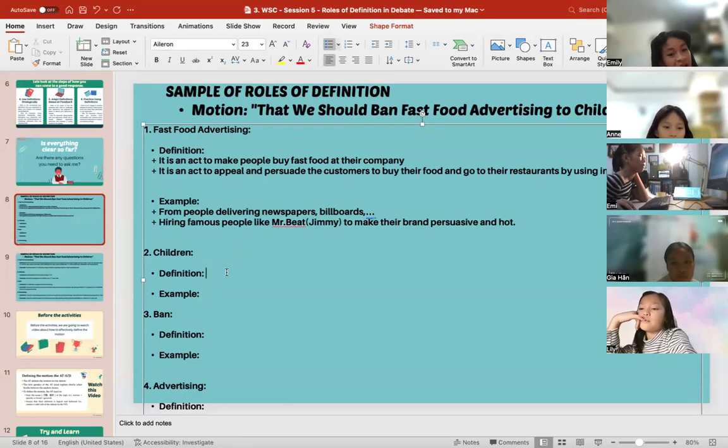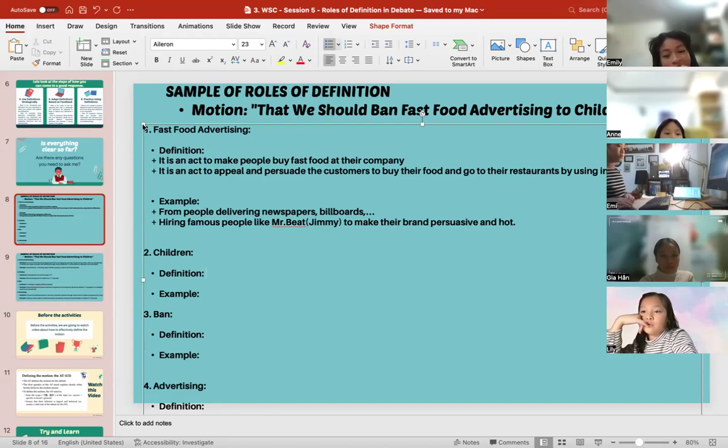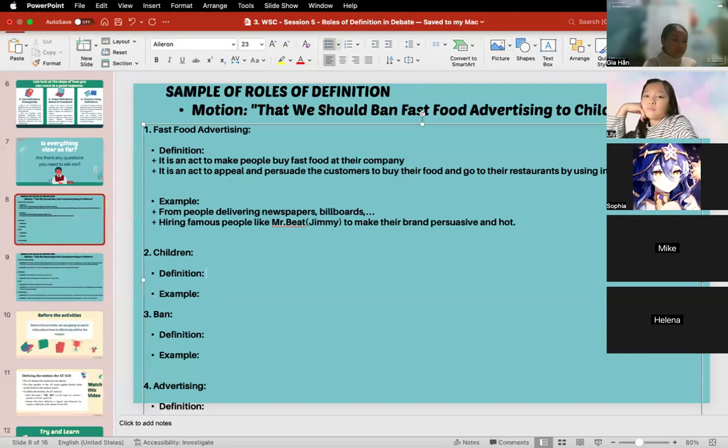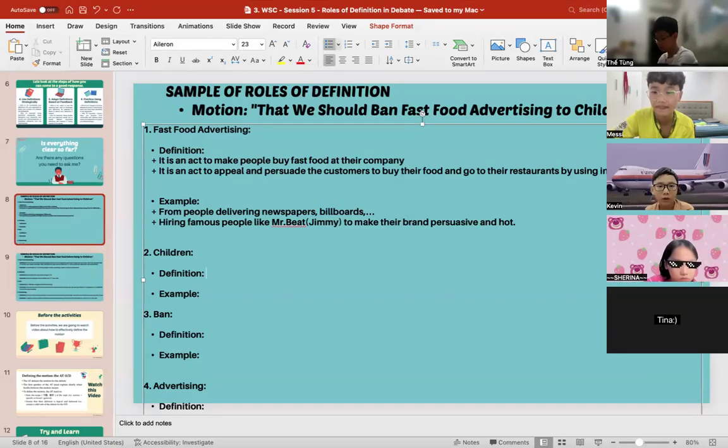I think that definition was really good, but it is more of an explanation of what children are capable of and what they are incapable of, because you are not saying clearly the definition.